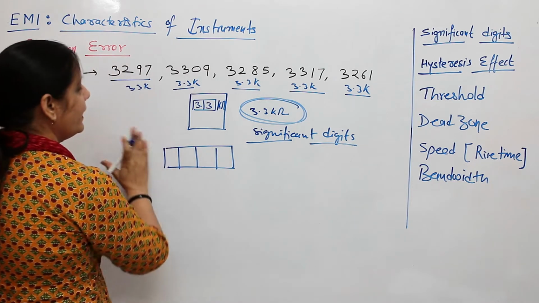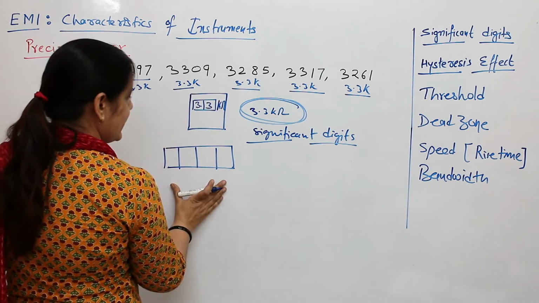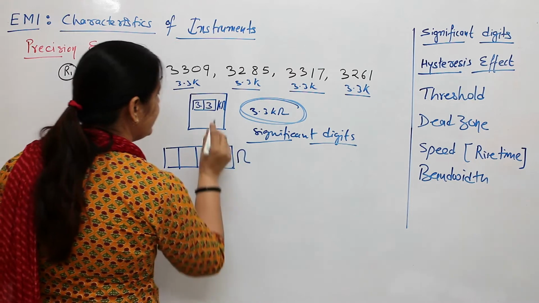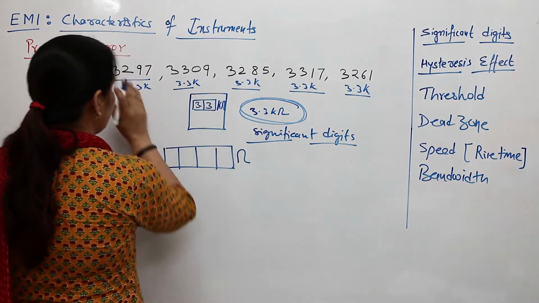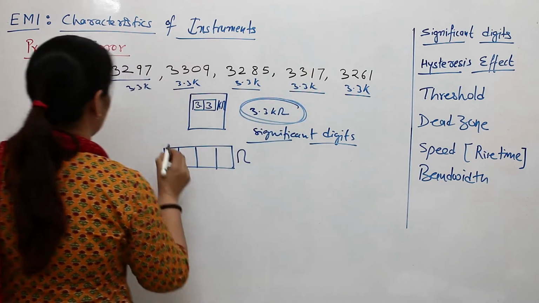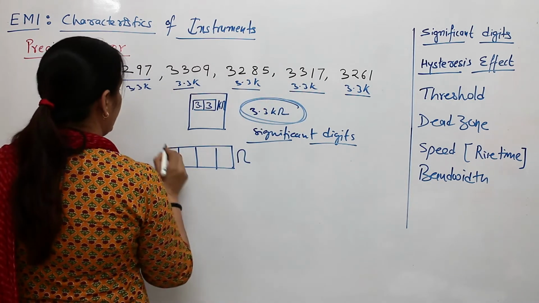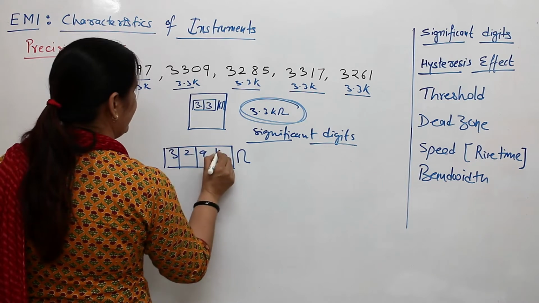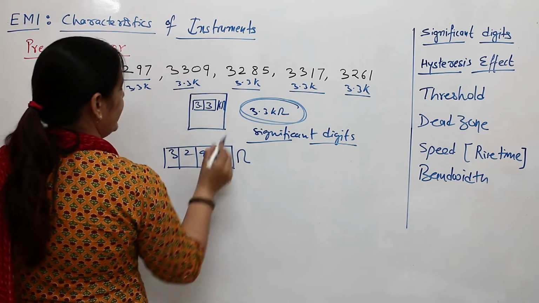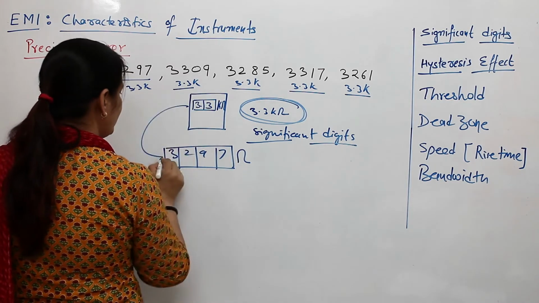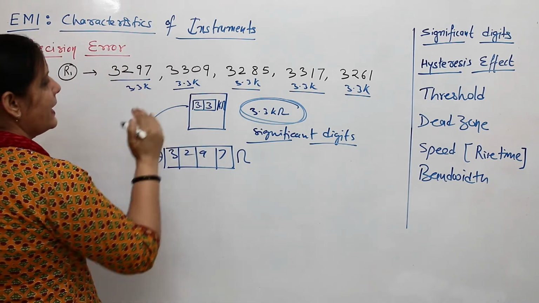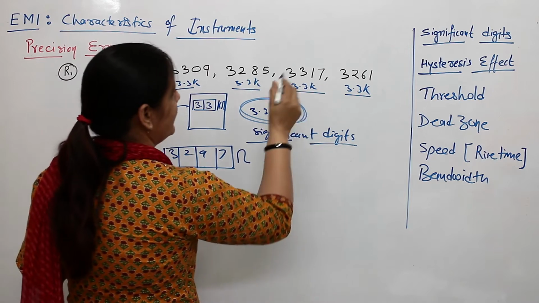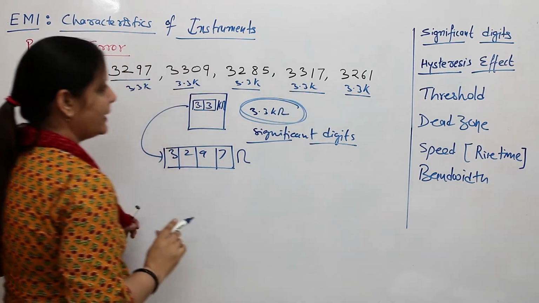If we have an instrument with a display that shows the result in ohm with 4 significant digits, then every time there will be a different reading. It will be 3297, 3309. So when we replace two significant digits by 4, our readings are different and we are not saying that our instrument is accurate.